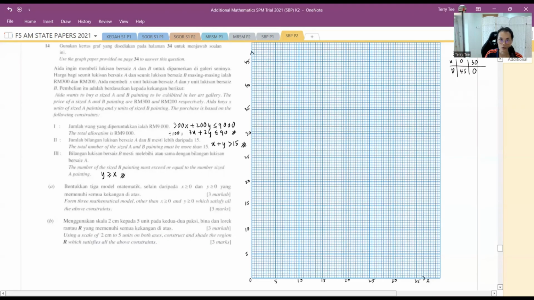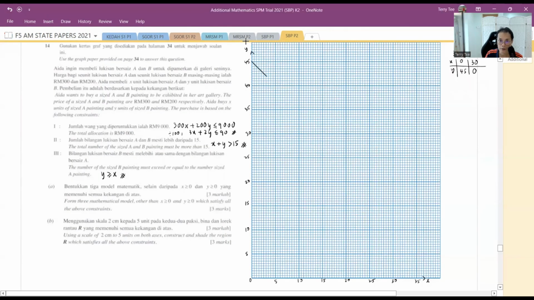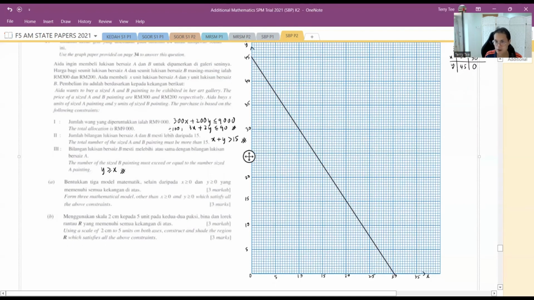I think 45 should be enough. This is my y. So the first one you can see 0, 45, 30, 0. Let me use a line here. 30 is here. I think my line is okay. So this is 3x plus 2y equals 90.